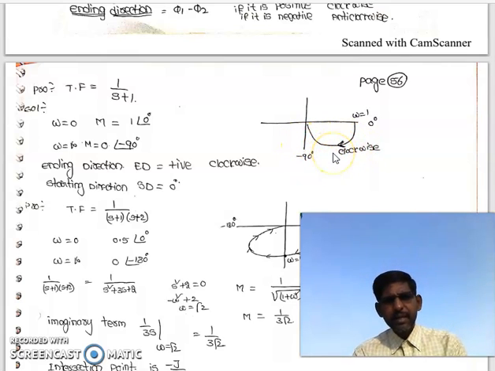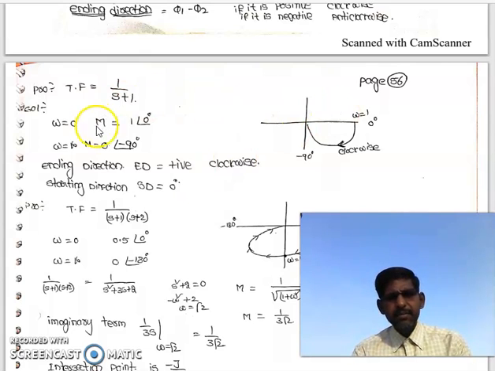Why is it like this? We'll see that later. As we practice more and more problems, we'll be clearing the concept. Starting direction is 0 degrees. Why do we need to start at 0 degrees?